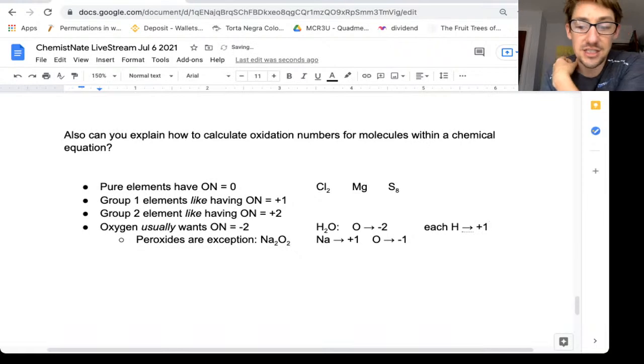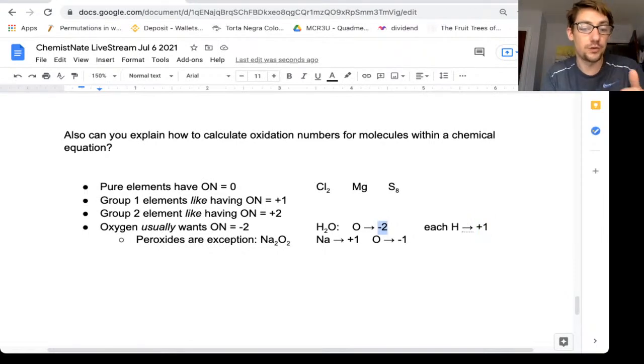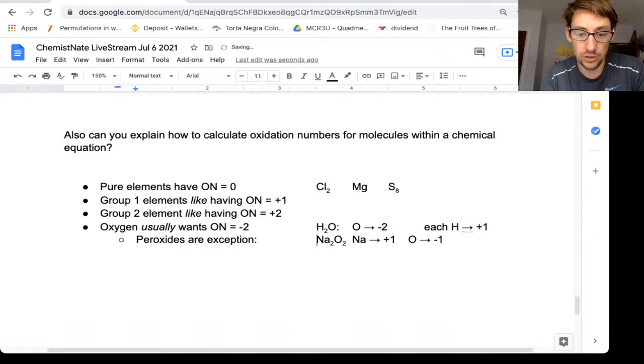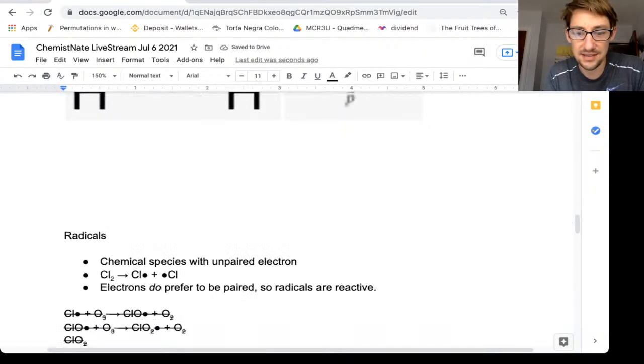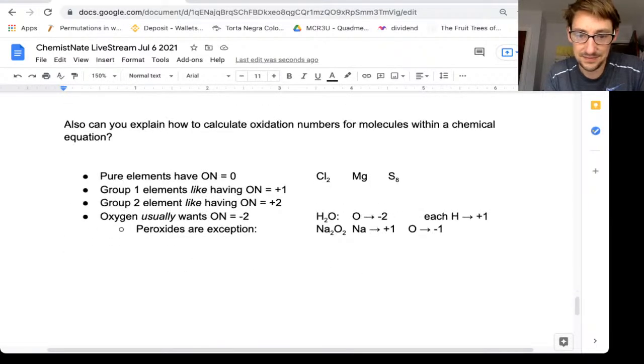Note again that 2 of these combined with 1 of these would give you an overall charge of 0, the total charge on the molecule. We'll get to more advanced examples in just a second.